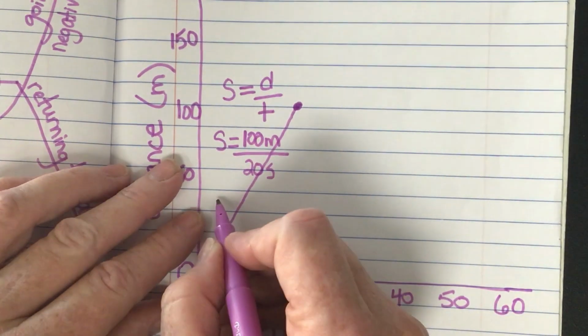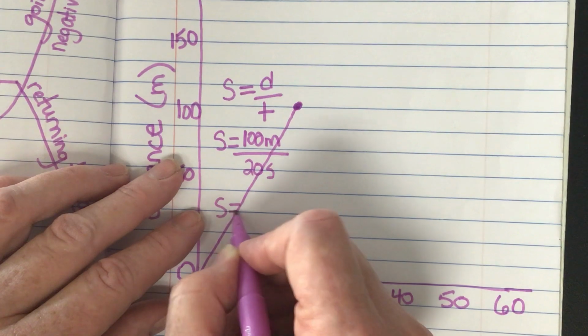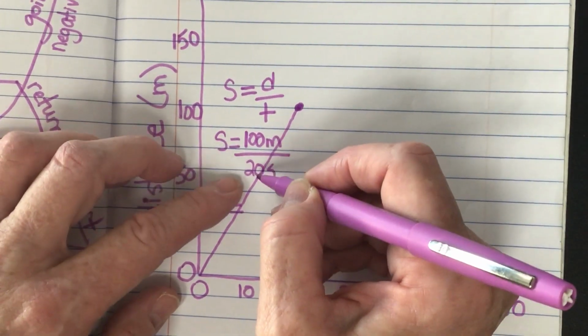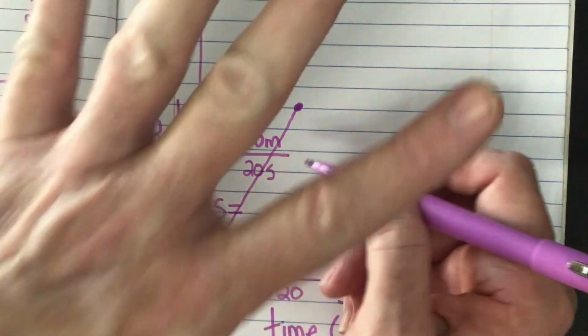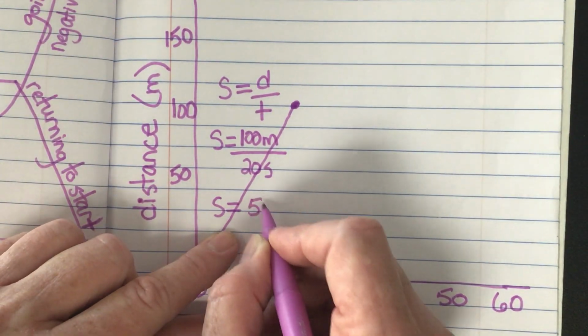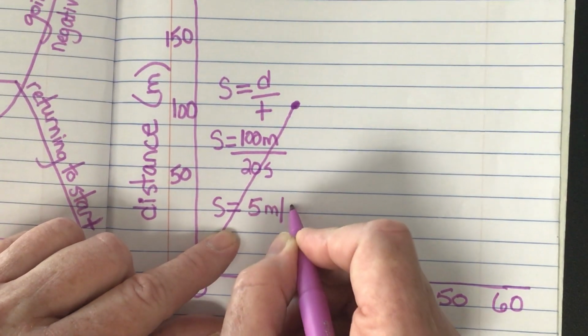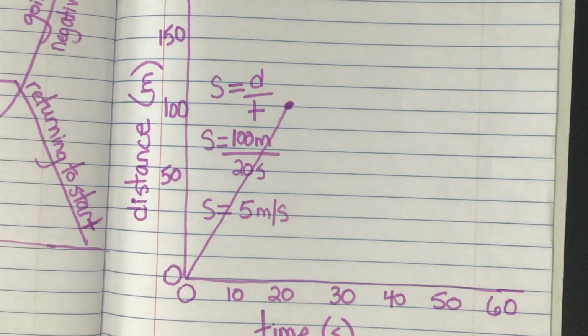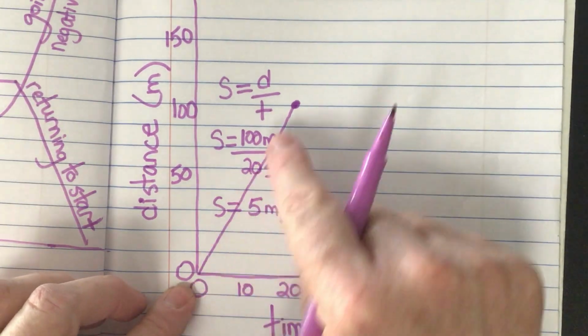So this otter's speed right here is, what is 100 divided by 20? 5. So this otter went 5 meters per second from this point to this point.